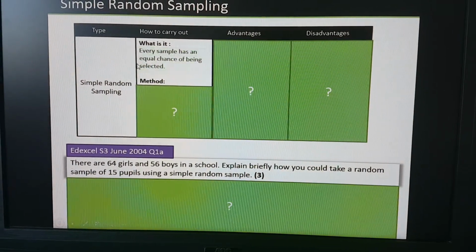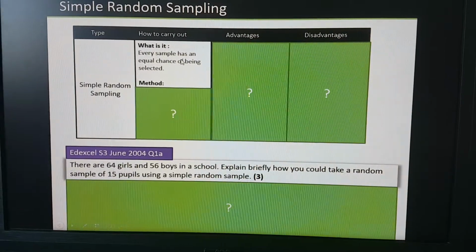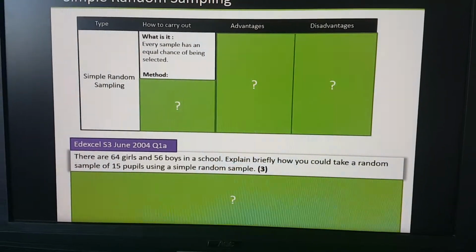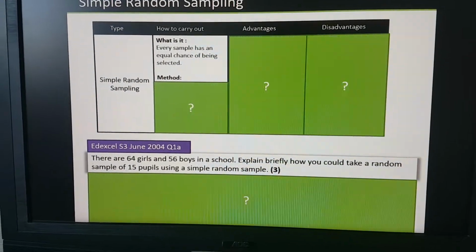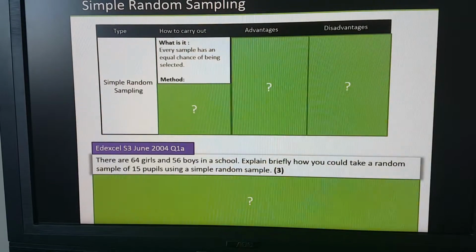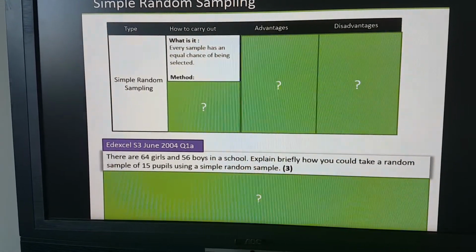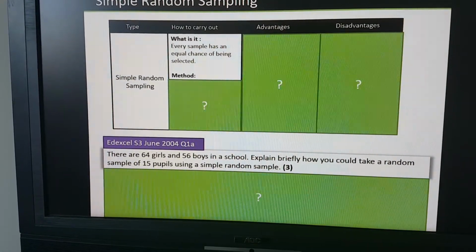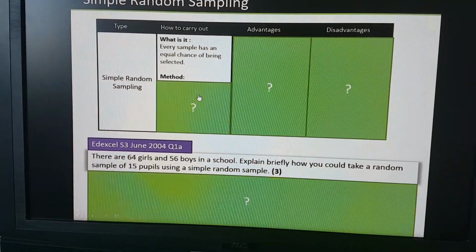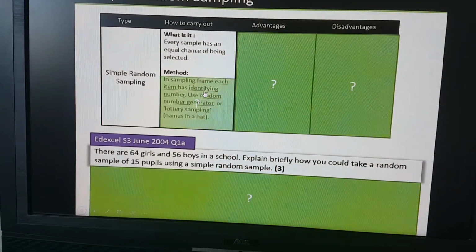So what is it? Basically you need to know that each sampling unit has an equal chance of being selected. The method is that each sampling unit will get a number, and then we'll have a sampling frame. From this sampling frame we use a number generator and we pick.